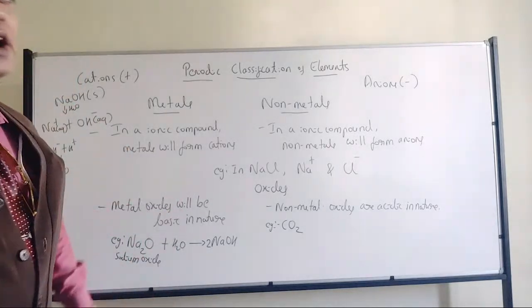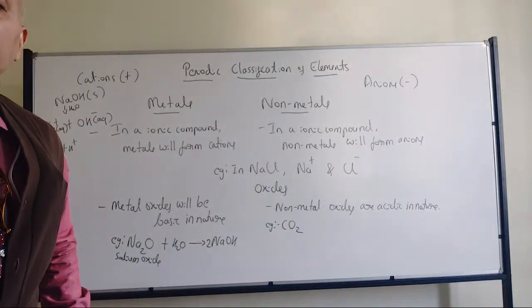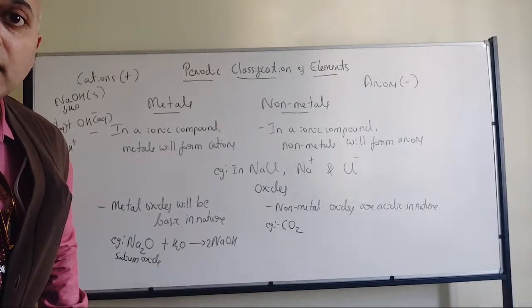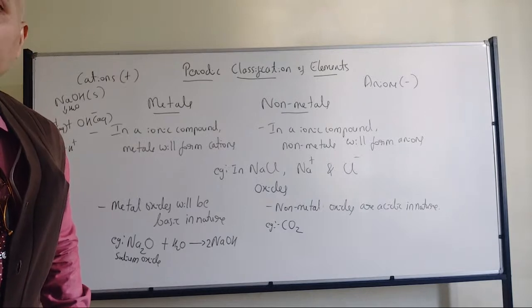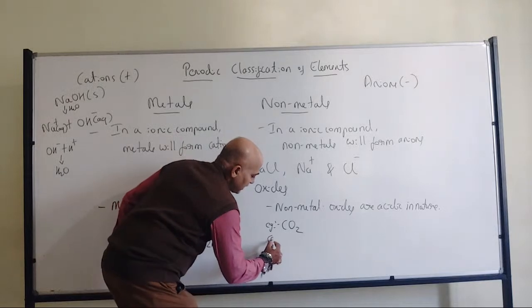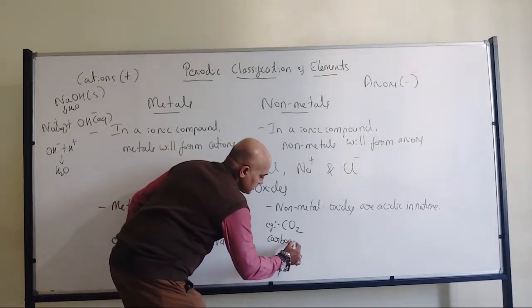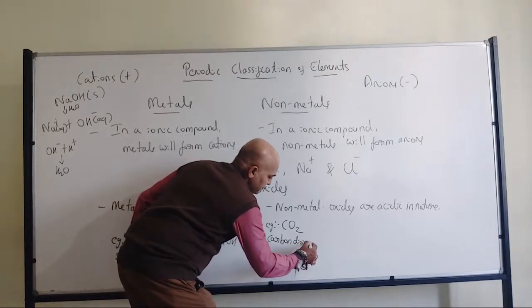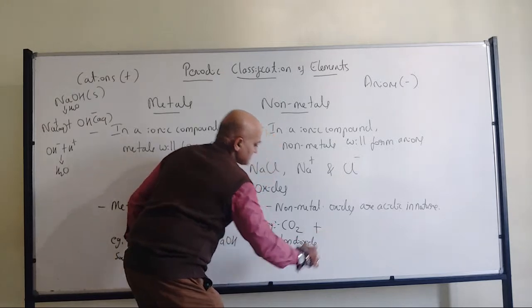So now we have carbon dioxide. Naturally, carbon dioxide should be a non-metal oxide. It cannot be a metal oxide.